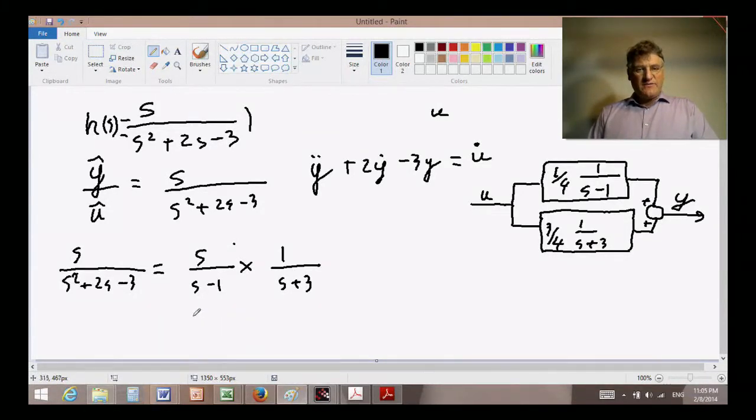For that, I can rewrite this as 1 plus 1 over s minus 1, times 1 over s plus 3.